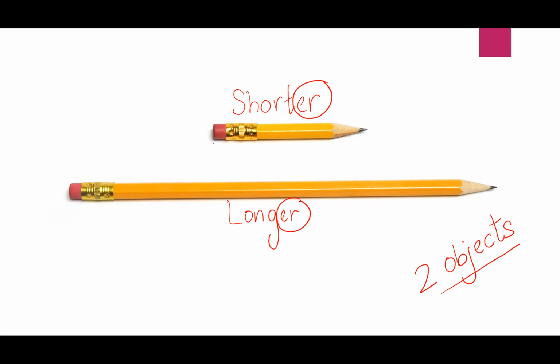You see the length? It starts from here all the way till here. Now this pencil, the below one, I start from this end and go all the way to the other end. Now you see which is longer? Excellent. The down one is the longer one.